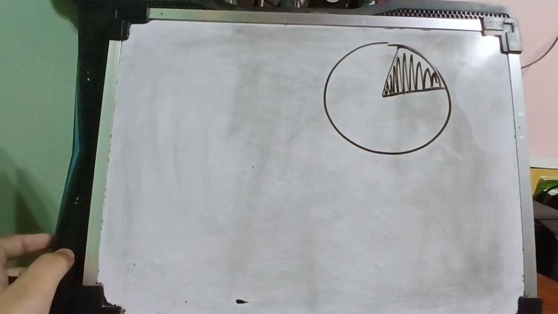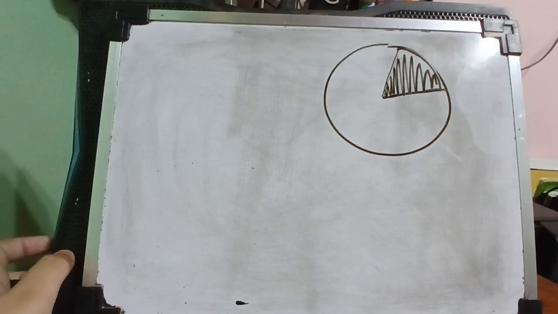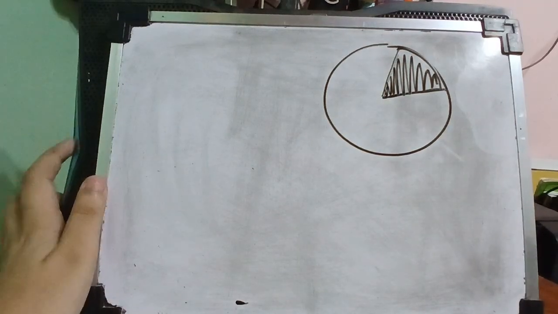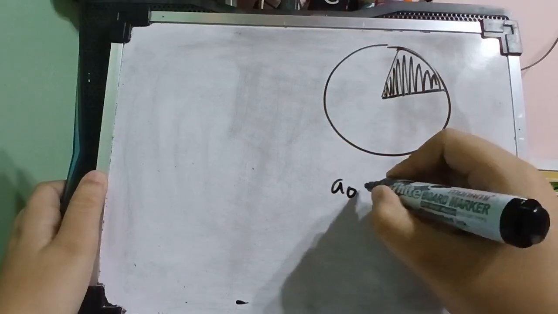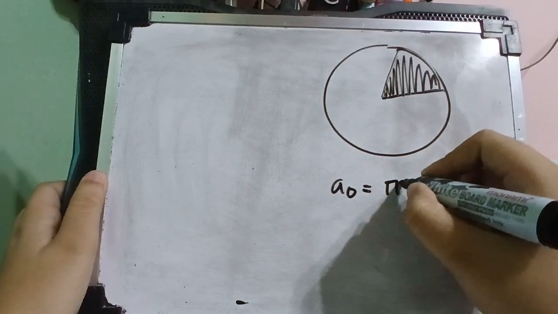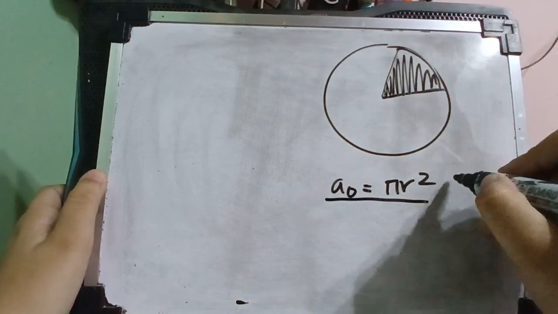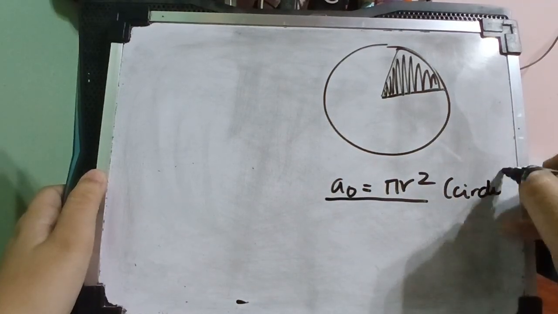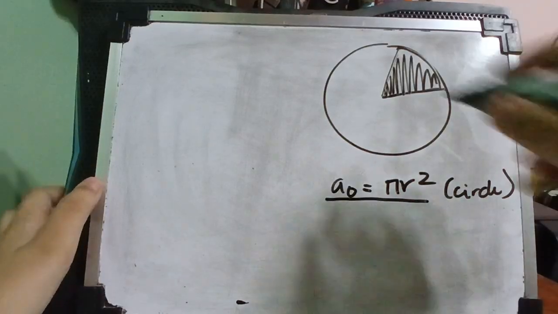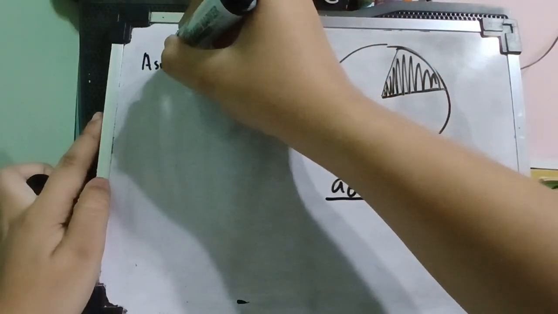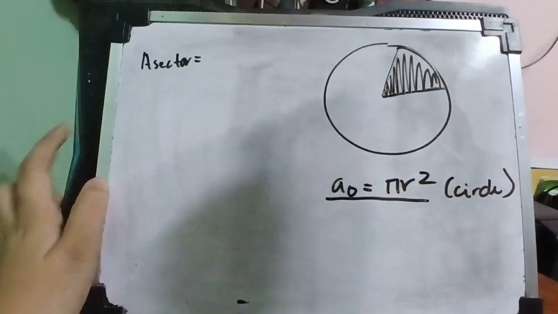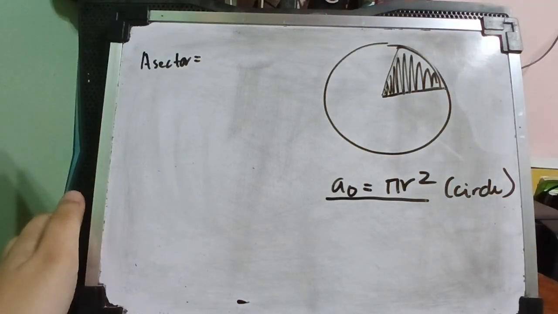So, that's our sector. The area of a sector is a fractional part of the area of a circle. So, tandaan natin that the area of our circle is equal to pi times r squared. Now, that is the area of our circle. Okay? So, ano nga ba yung area of our sector? Sabi nila, diba, it's a fractional part of our area of a circle.